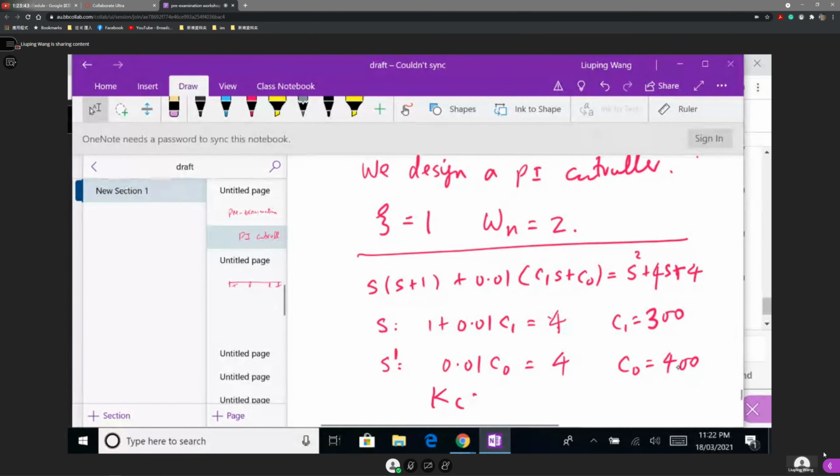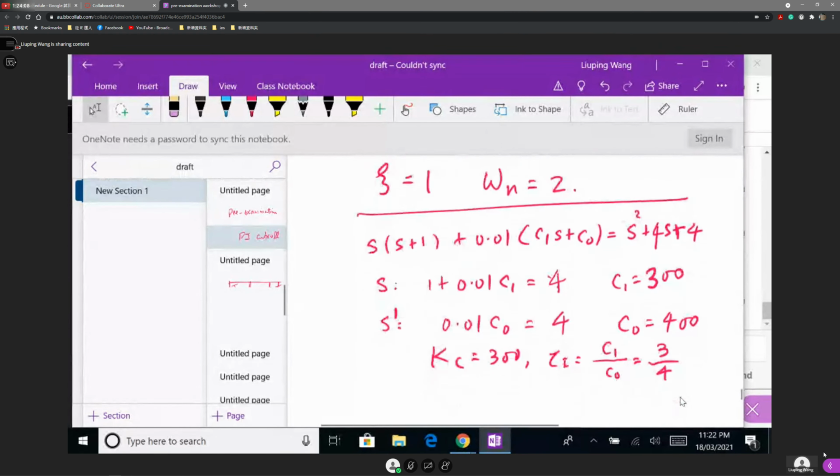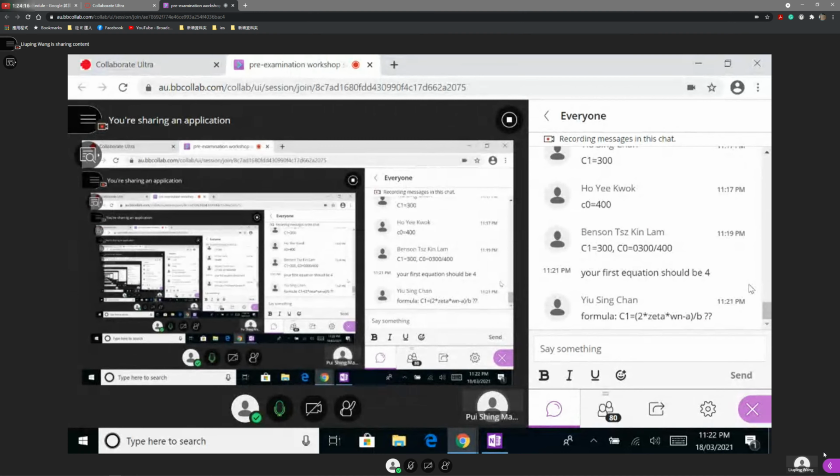Okay, so your Kc. Got it? C1 is 2 zeta omega n minus A, right?